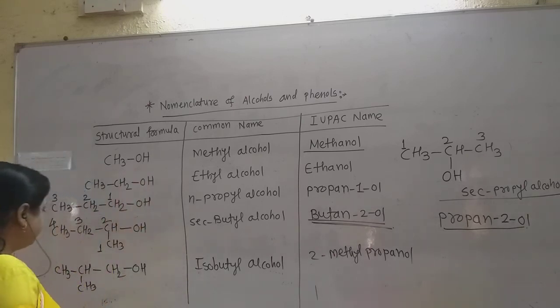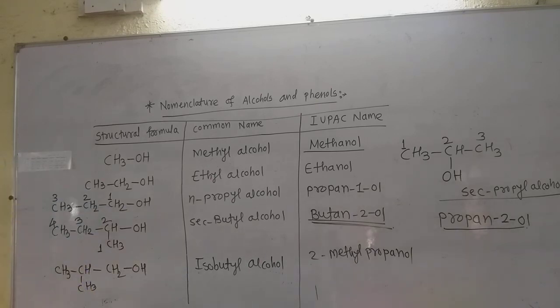Now let us take the next example. Now here, this is the isobutyl group. Why is it an isobutyl group? In 11th standard we saw how to recognize the isoalkyl groups. If the molecule contains a carbon having one hydrogen in the chain, it is not important which functional group is attached to that carbon.